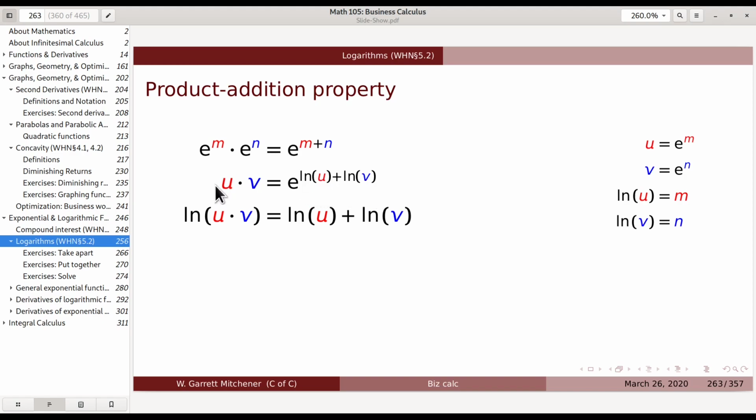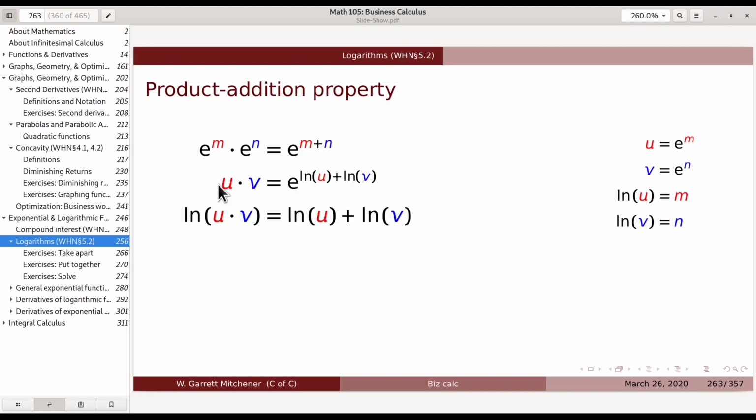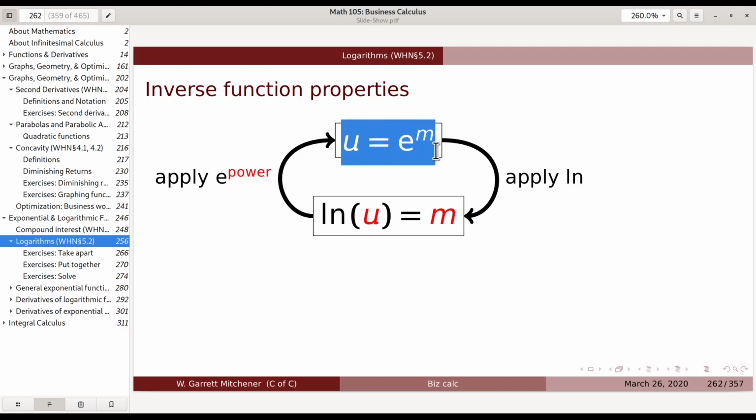Now again, if I have something equals e to a power, then whatever this power is, that's the result of the logarithm of the thing on the other side. So again, I've got this circle that I can go through. I have an equation like this that matches the top. I'll apply ln to both sides.